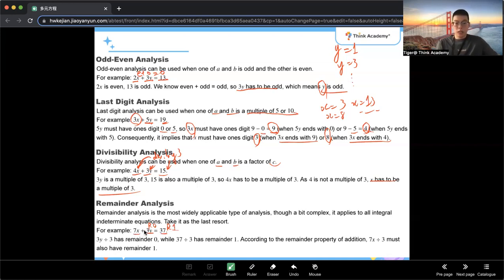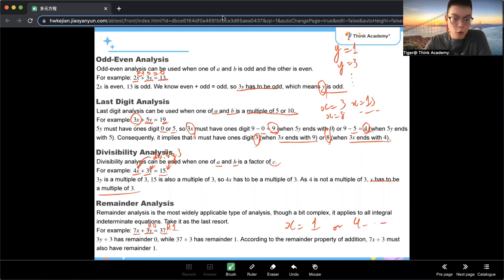Now, if 7x divided by 3 has a remainder of 1, it means that x divided by 3 also needs to have a remainder of 1, because remainders have the multiplicative property. So x is going to be equal to 1 or 4 or something like that. So you can start trying from x equals 1, 4, and so on.